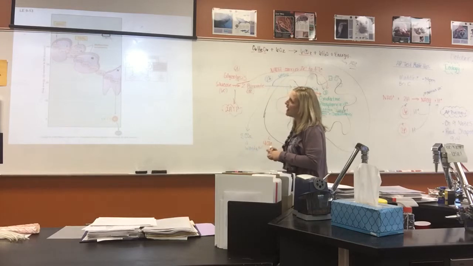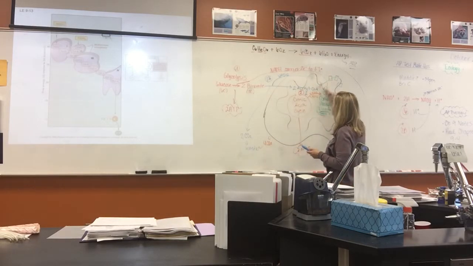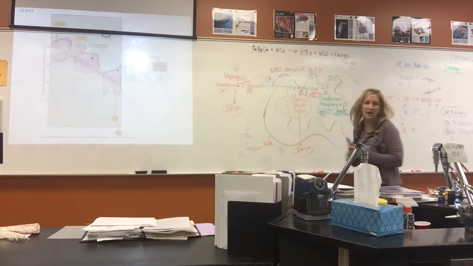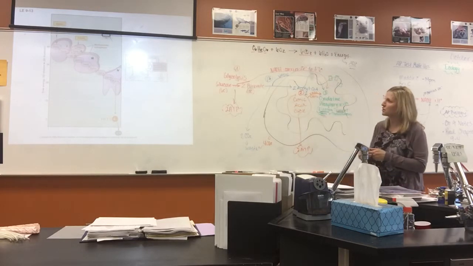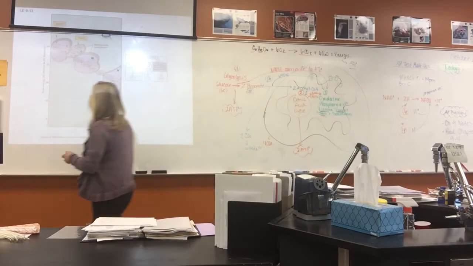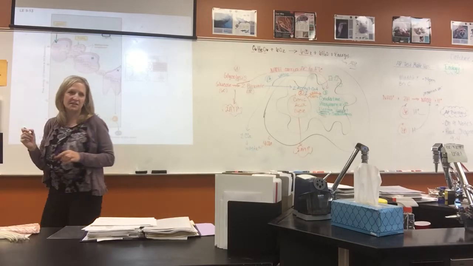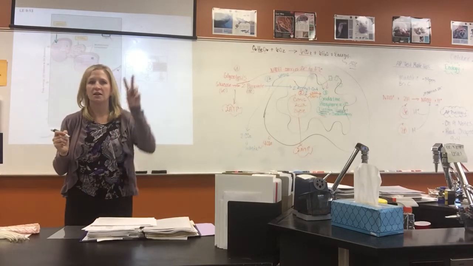And so what happens in the electron transport chain is all these electron carriers, NADH and FADH2, bring their electrons to this third step. So what does that mean? At the top here you have NADH and you have an arrow. How many electrons did NADH carry? 2, right?